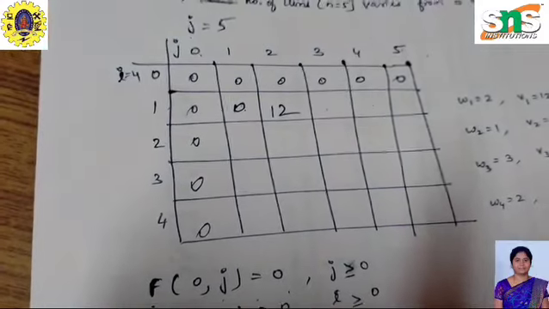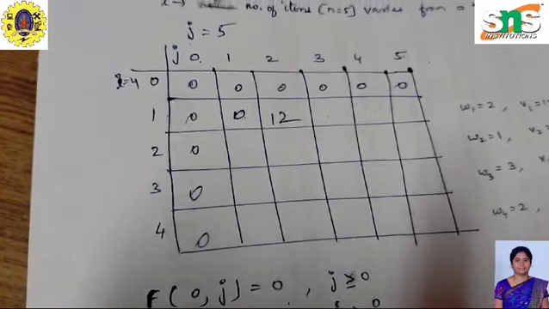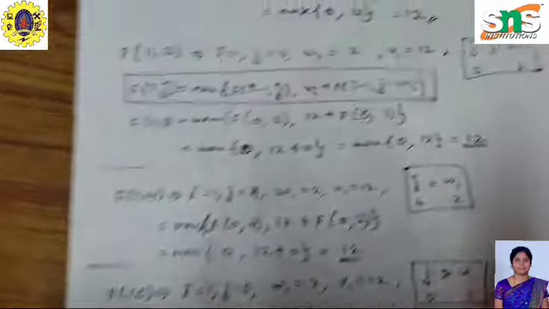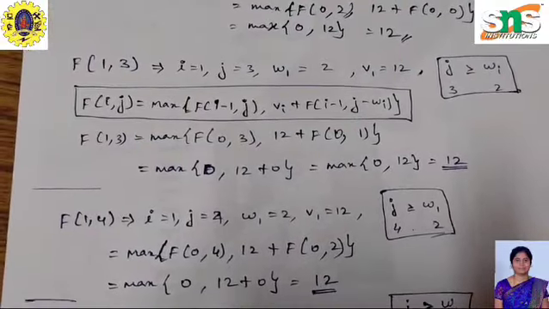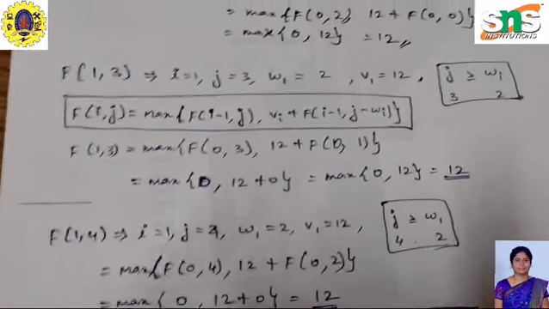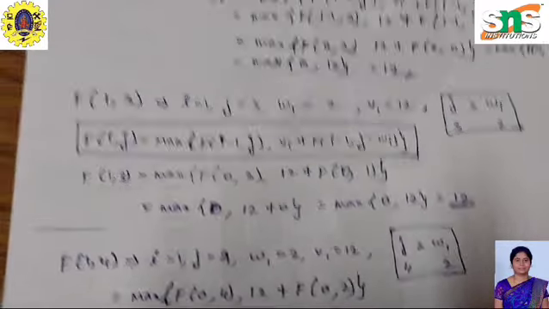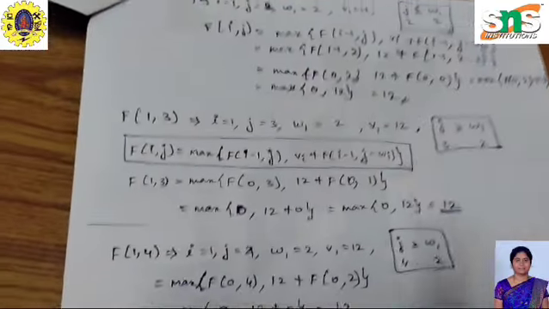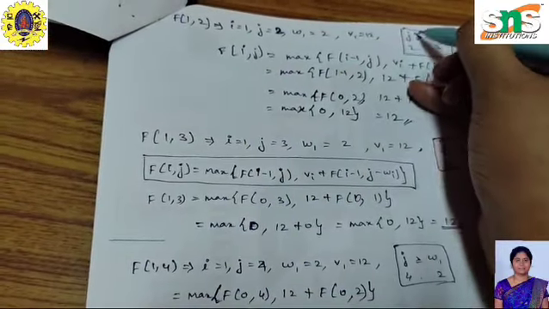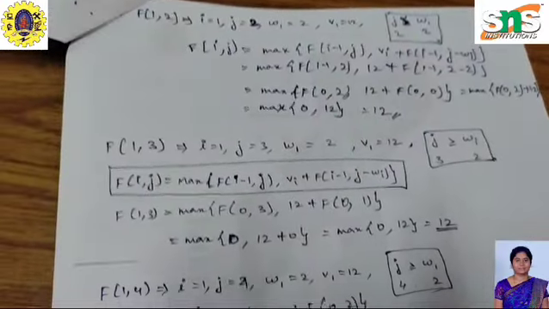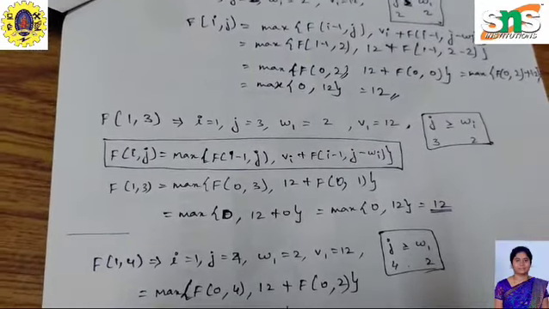The same way I am going to calculate for 1 comma 3. The values are substituted, and we compare that j is greater than or equal to wi.